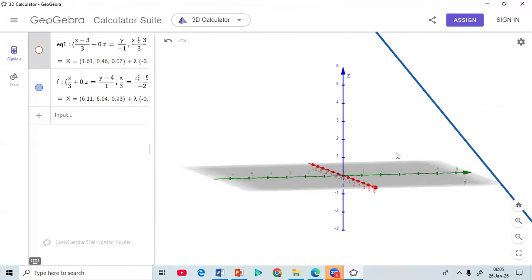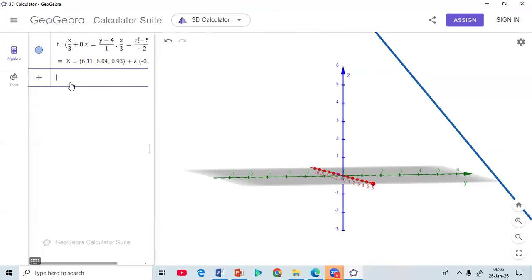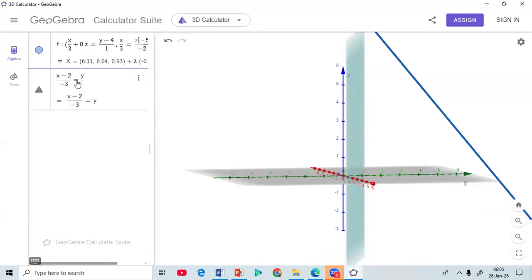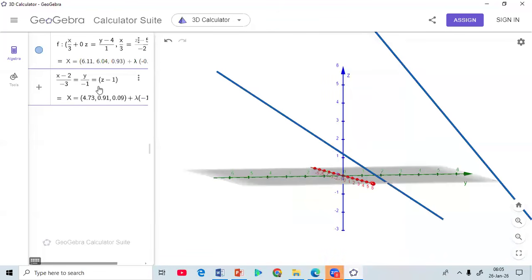I don't know why this one is not showing up, but let me see whether I can still get it. x minus 2 over 3 equals y over -1 equals z minus 1 over 2.